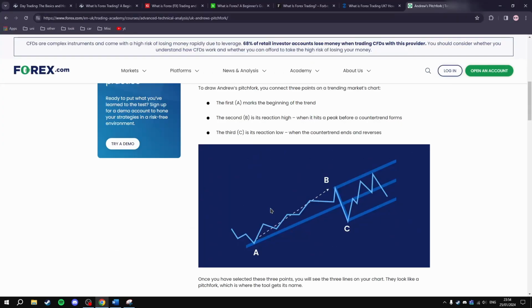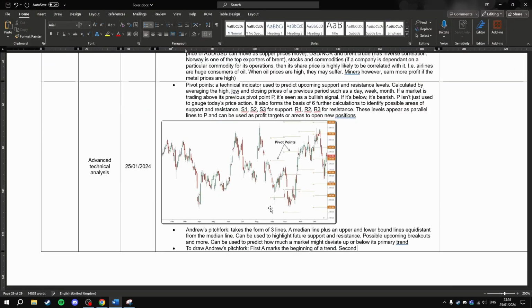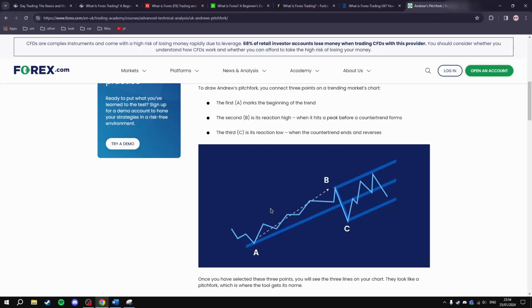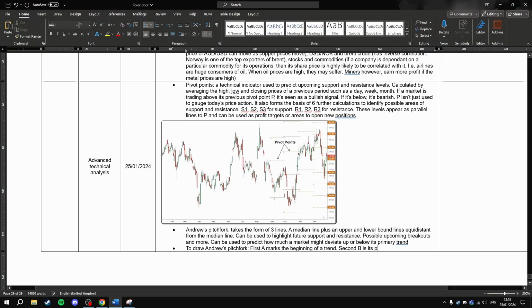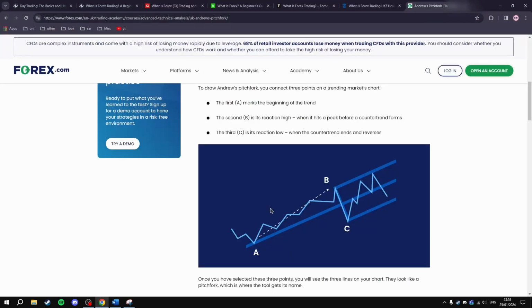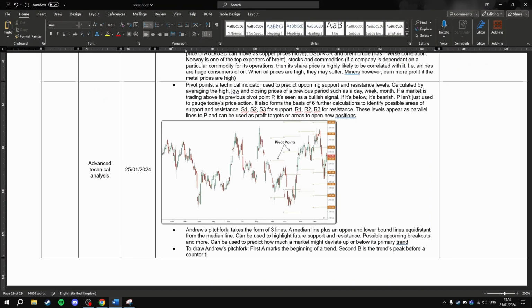B is its peak, the trend peak before the counter trend forms.